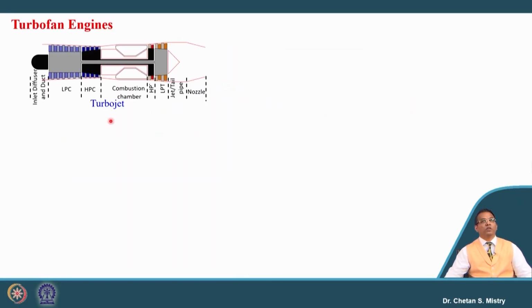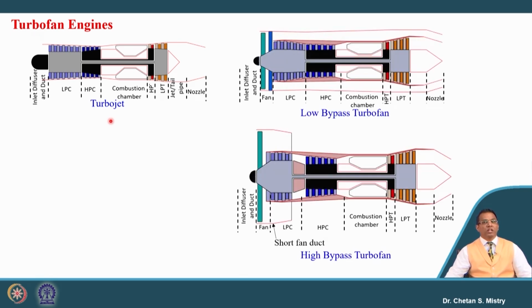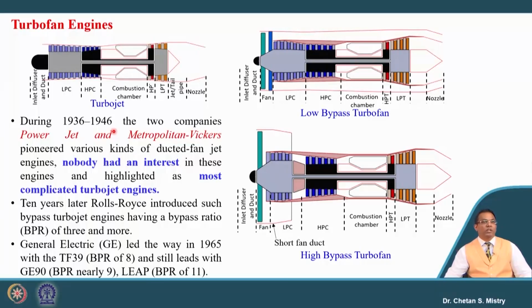So, now let us look at what we know as the turbojet engine, what we know as the low bypass ratio turbofan engine, and the high bypass ratio turbofan engine. Now, the question may arise in the mind, who has given this thought, where has this idea come from. Let us look at what it says. During 1936 to 46, there were two companies, Power Jets and Metropolitan-Vickers.